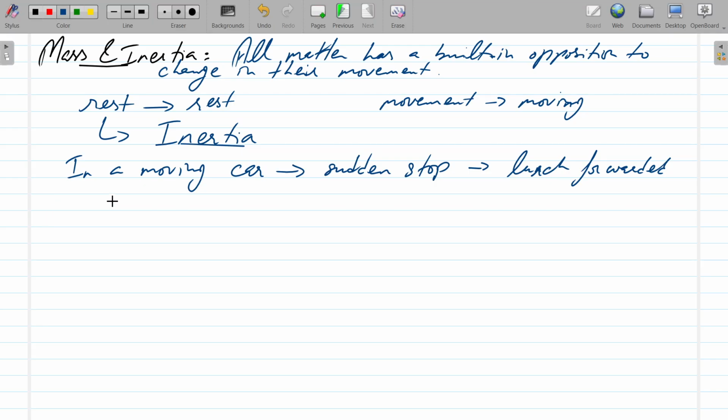And so when the car suddenly stops, because you were in motion as well and there were no brakes applied on you, you will be thrust forward because that was the state of your motion.